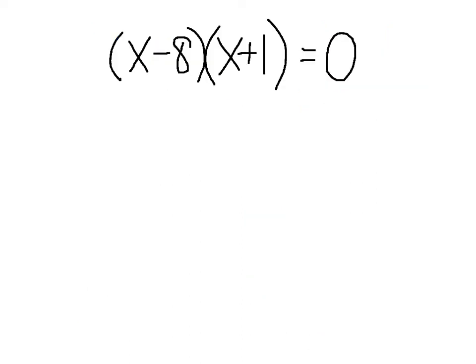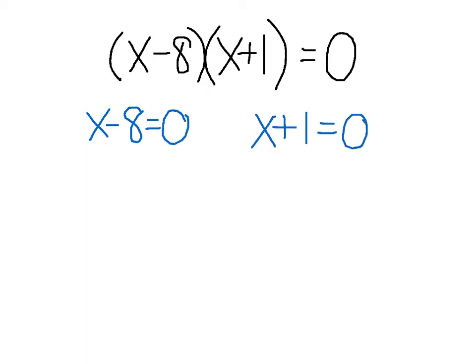Looking at an example, we have the factor x minus 8 times the factor x plus 1 equals 0. If I was given an equation like this, I would know that either x minus 8 had to equal 0 or x plus 1 had to equal 0 based off of the zero product property.